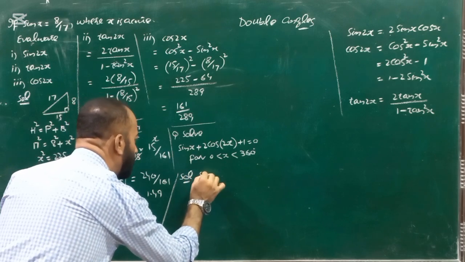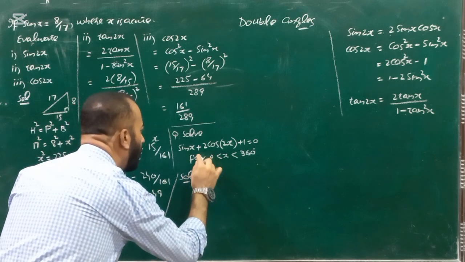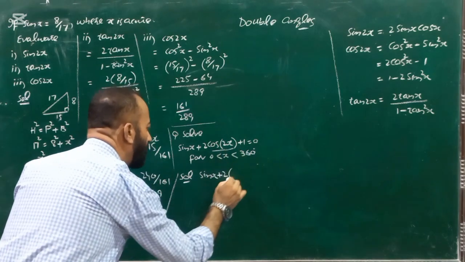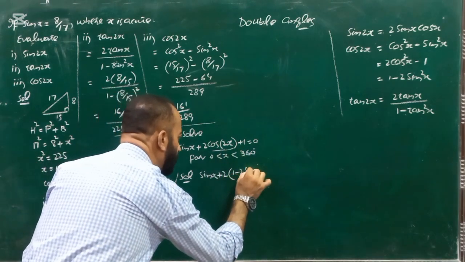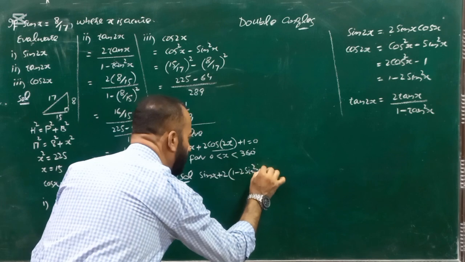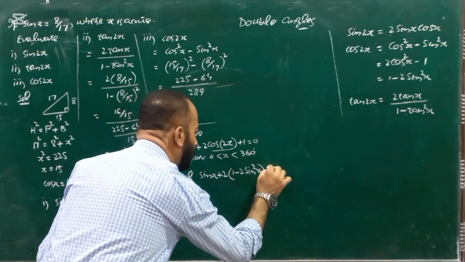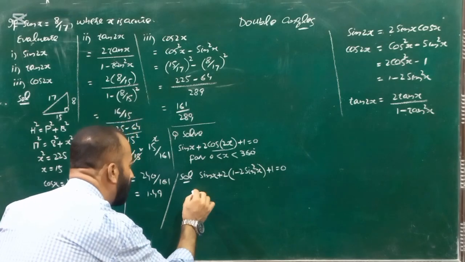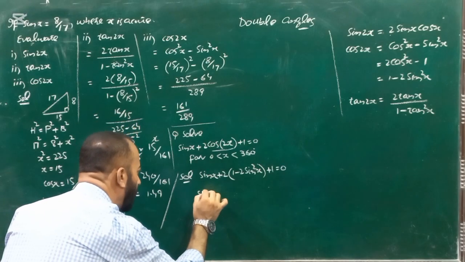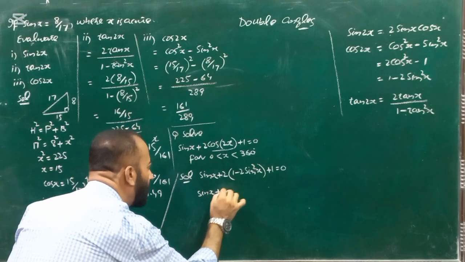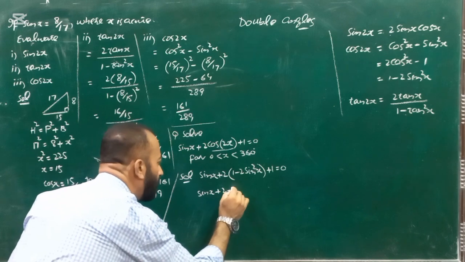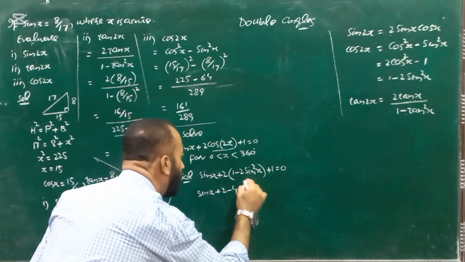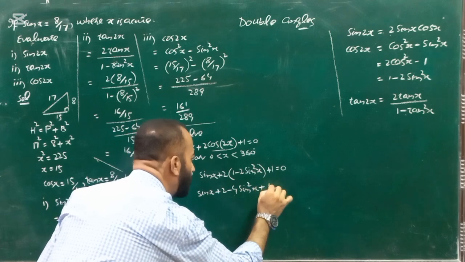So look now, here is the solution. So sin x plus 2 and cos 2x formula is 1 minus 2 sin square x plus 1 equal to 0 will remain as it is. From here, open the bracket. So sin x plus 2 minus 4 sin square x plus 1 equal to 0 is still there.